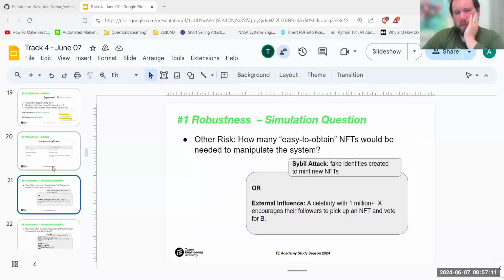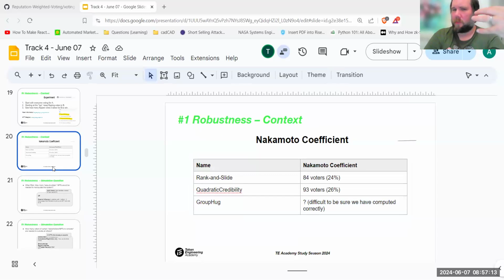Do you feel okay with the Nakamoto coefficient and what it's measuring? And then the fact that for the numbers we have, these look okay. No, there's absolutely no way to determine a number like that without some type of parameter settings. So this is very much going to depend on the weights that are assigned to the NFTs.